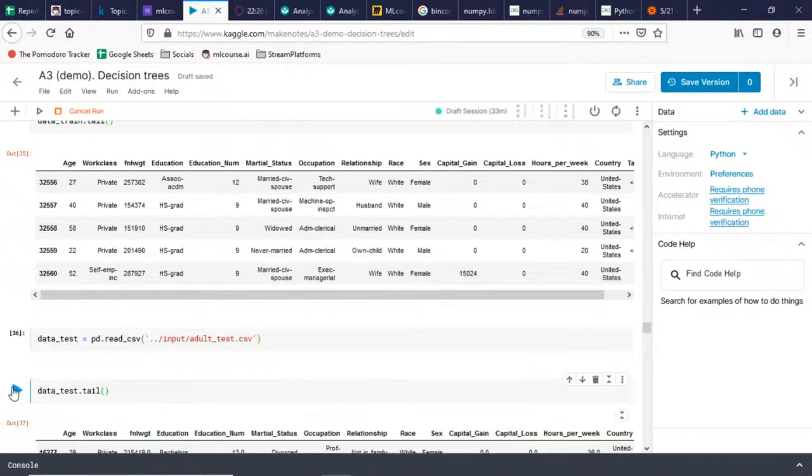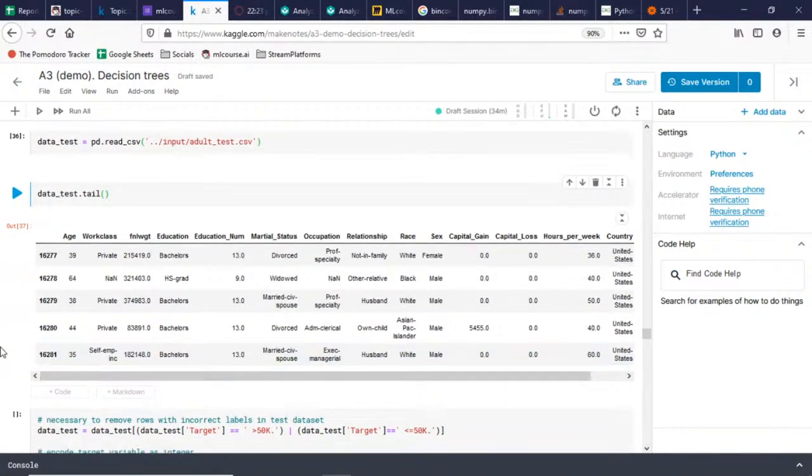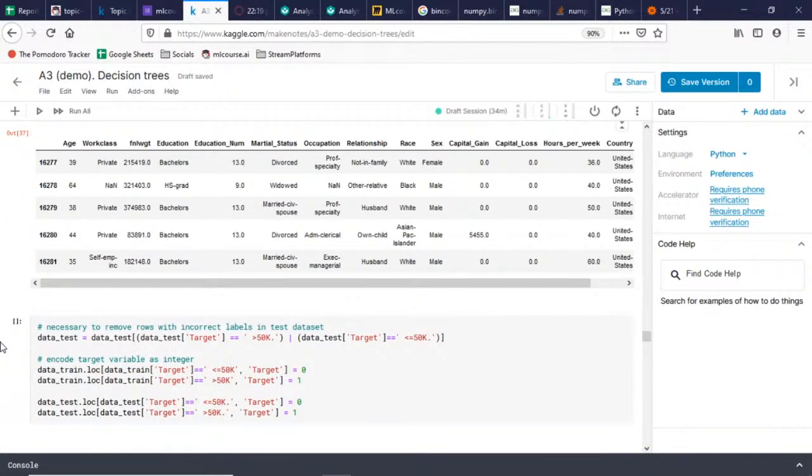Same, we download the test data. So there we will get our answers. Fix rows with incorrect labels.